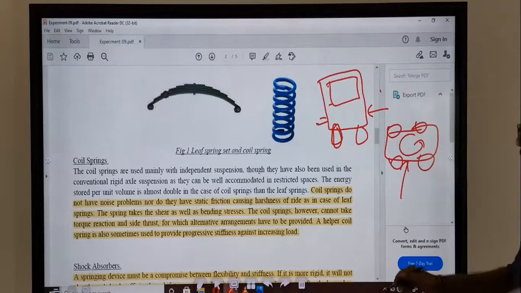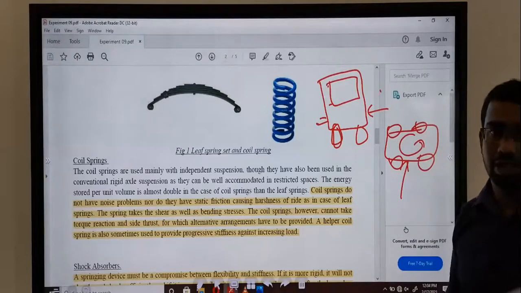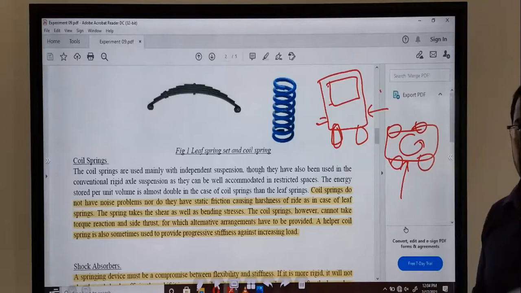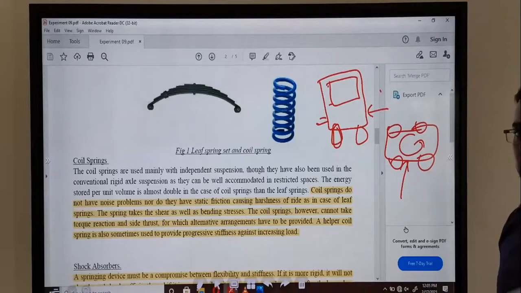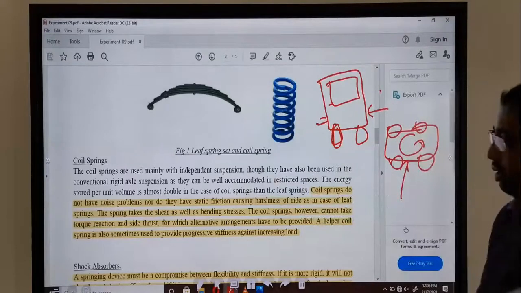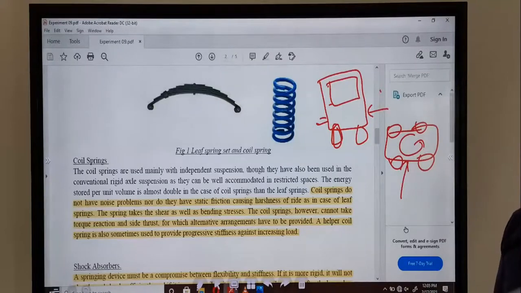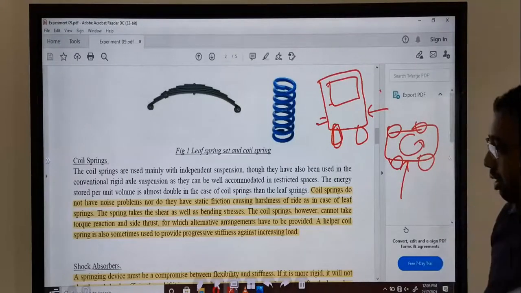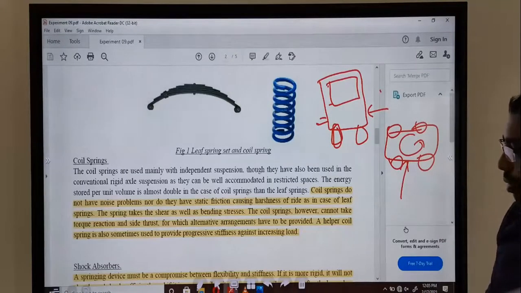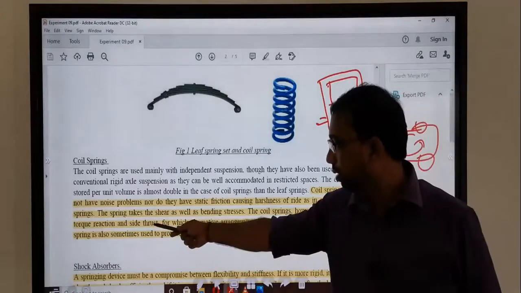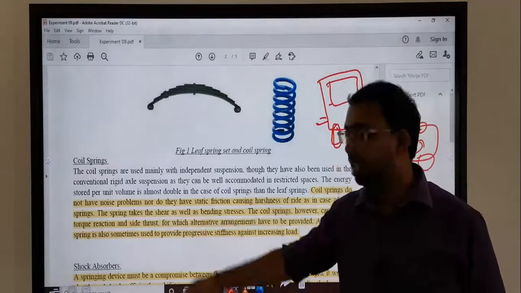Heavy vehicles normally use leaf springs. If you notice, mostly heavy vehicles use leaf springs, because leaf springs can give more balance against this torque reaction and side thrust.